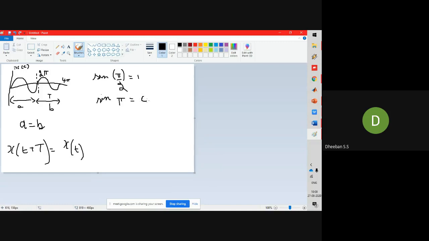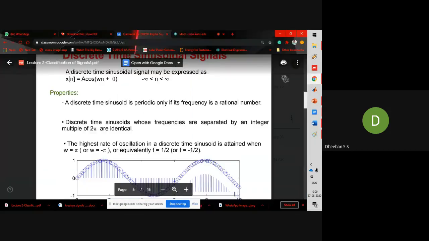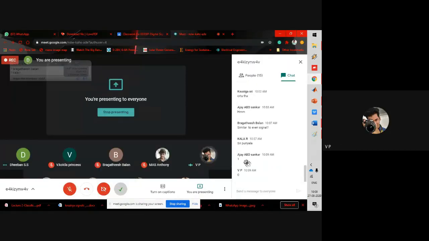So similarly, what is the value of sine 2 pi? Can anybody say the value of sine 2 pi? Zero sir. Okay, sine 2 pi is 0.